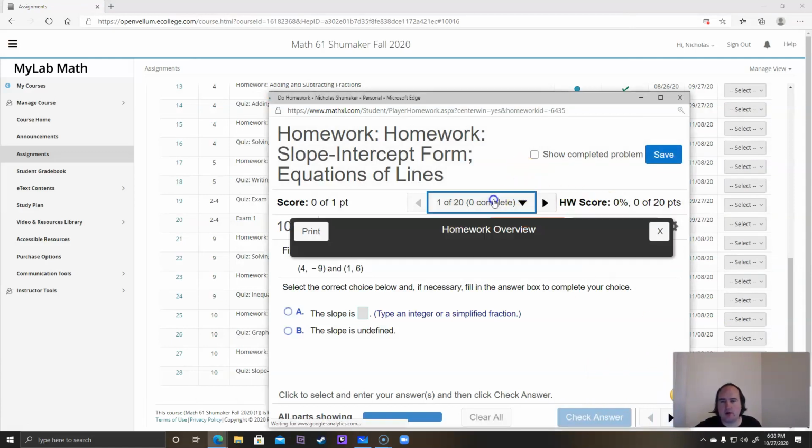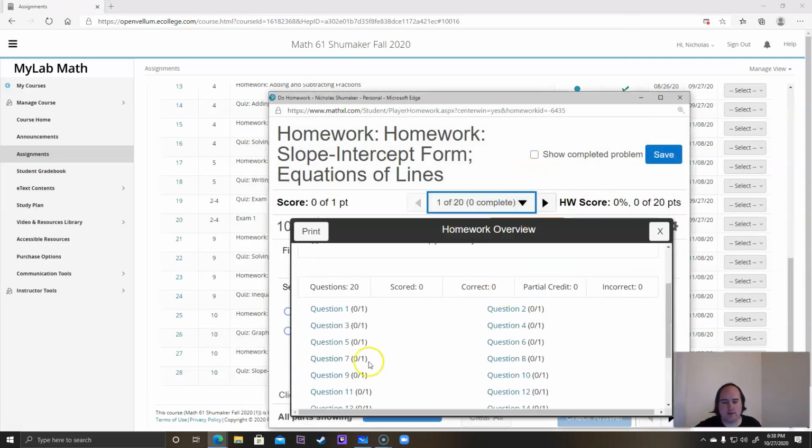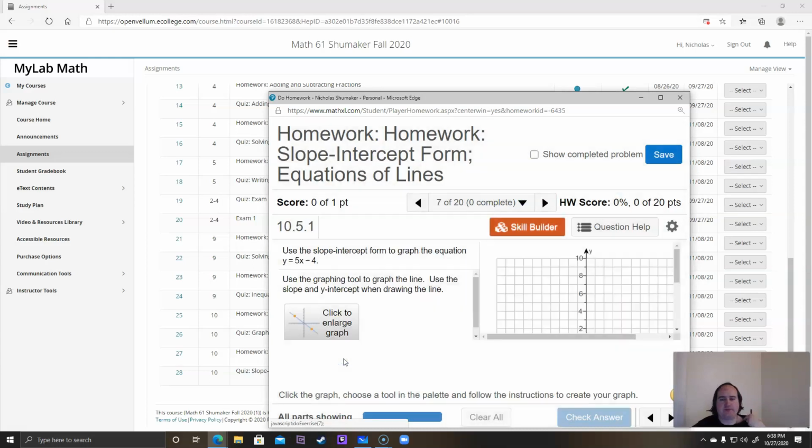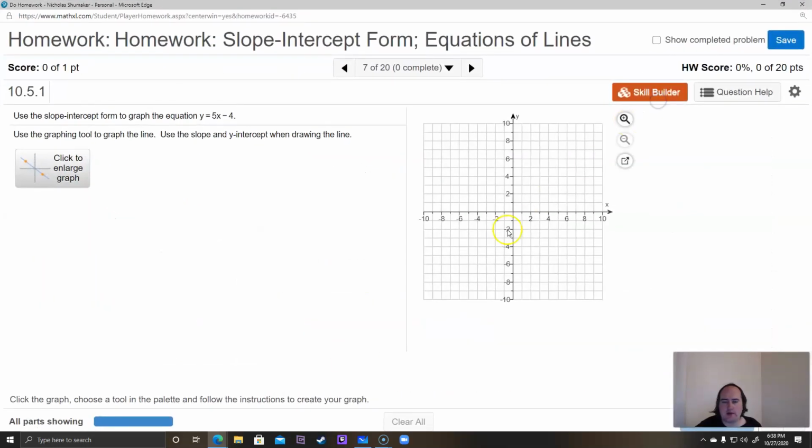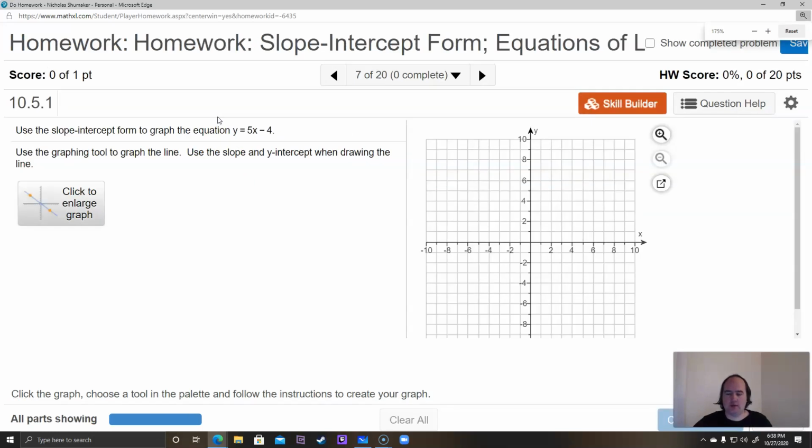So from your homework, if we go to problem number 7, we're going to learn how to use the graphing tool. Okay, so this is actually the graphing tool, and here we're going to be using slope-intercept form to graph the equation y equals 5x minus 4. You can always zoom in a little bit if you need to.